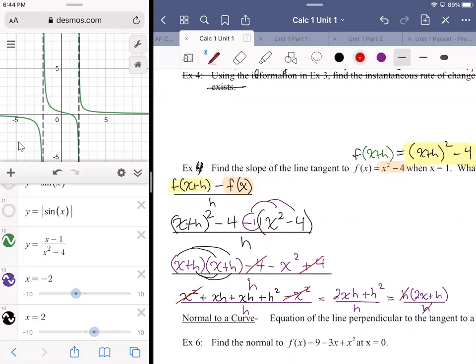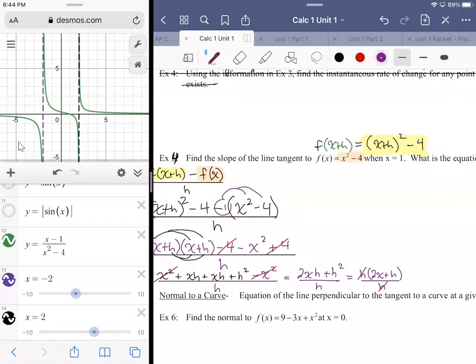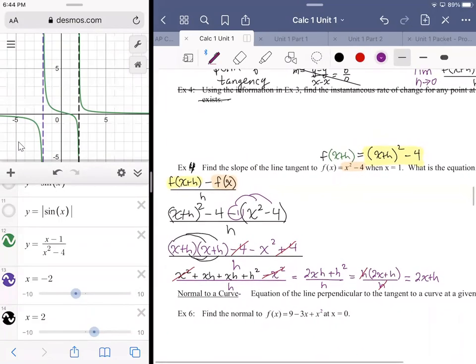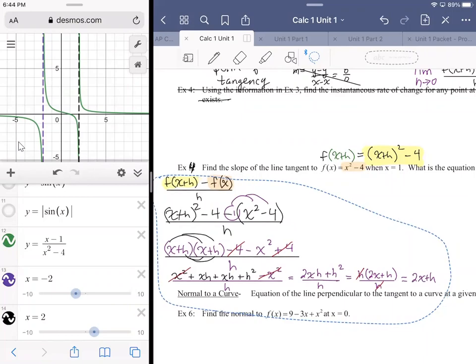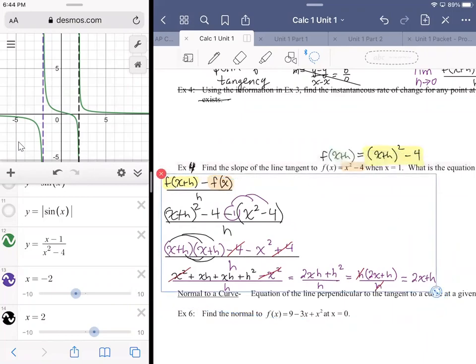And so our final answer for the slope of the secant line would be 2x plus h. So that's, again, the slope of the secant line, not the slope of the tangent line. We're not quite there, but we're like half a step away.